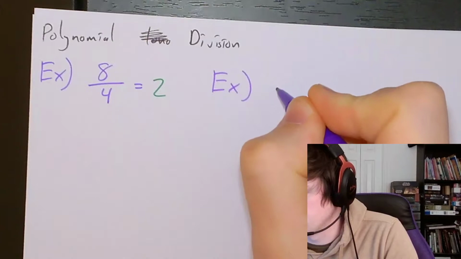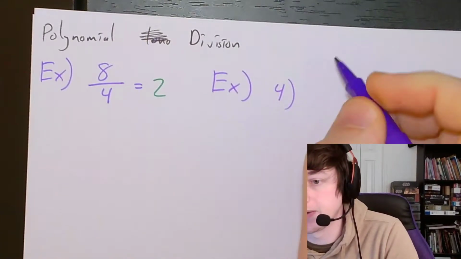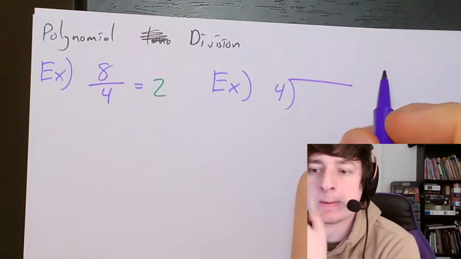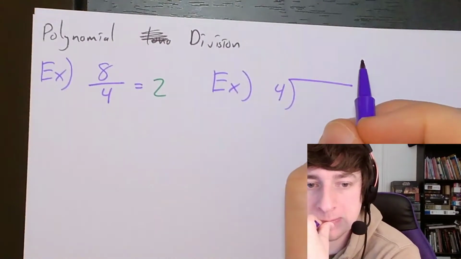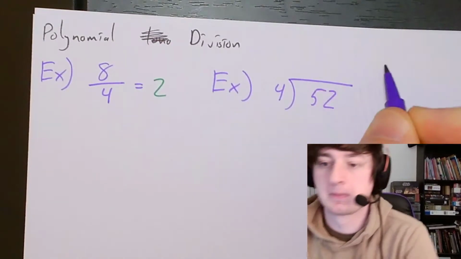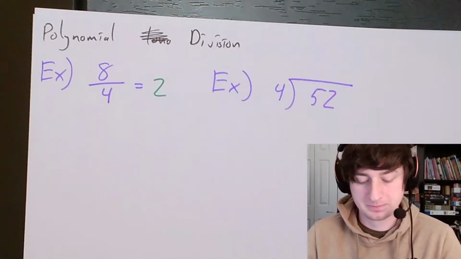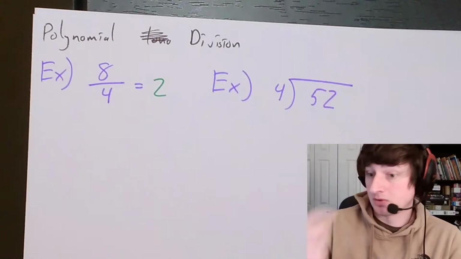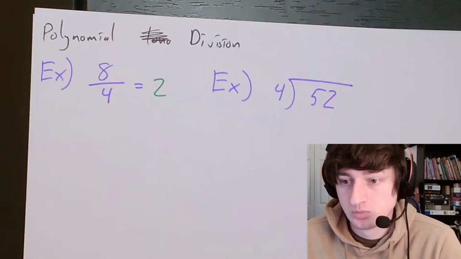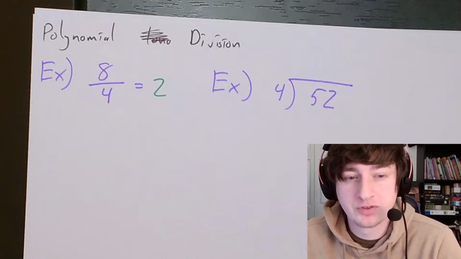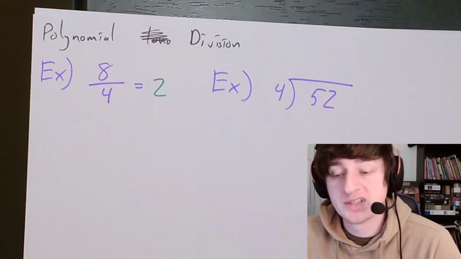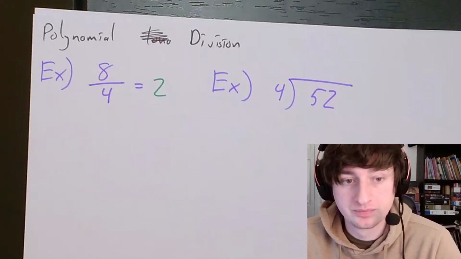What about 4 into, say, 52? 4 into 52, we want to know how many 4s fit into 52, or what times 4 gives us 52.